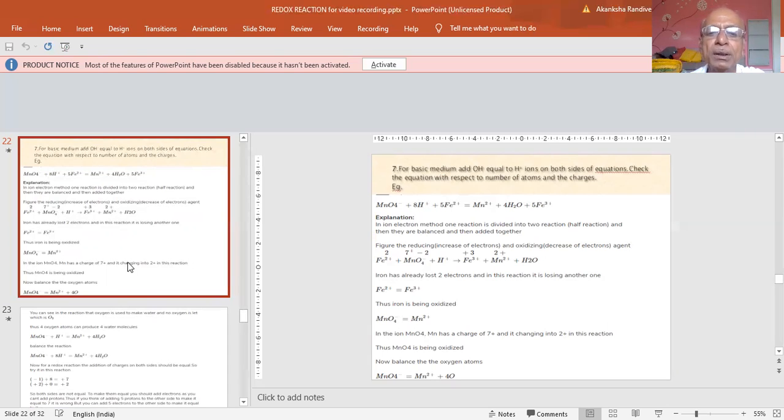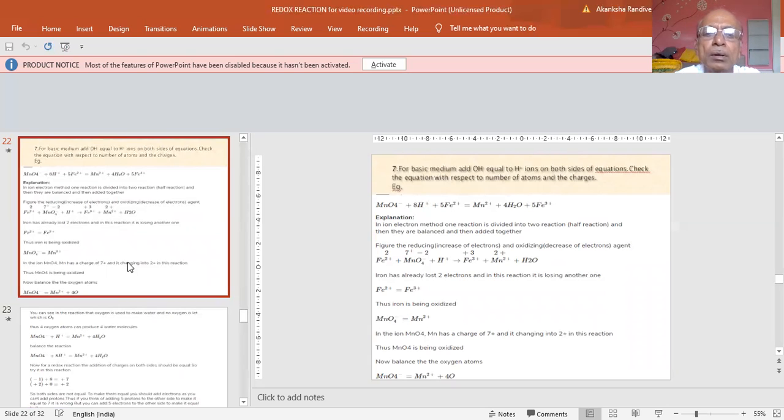The reducing agent, that is increase of electrons, and the oxidizing agent, decrease of electrons. Here, Fe2 plus, the oxidation number of Fe is 2 plus.